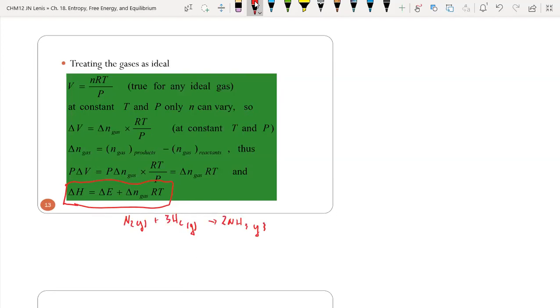So delta n of gas for that reaction will be moles of gas in the products minus moles of gas in the reactants. So the stoichiometric number of moles produced is 2 minus 4. We take the absolute value of that, and that's 2.